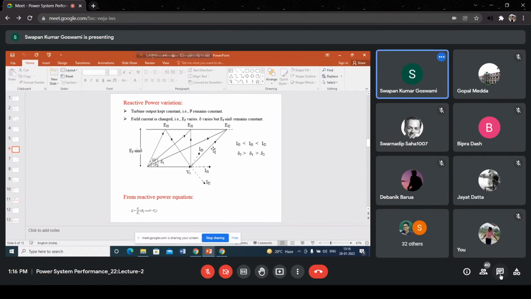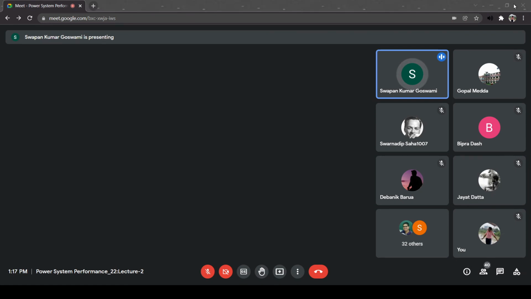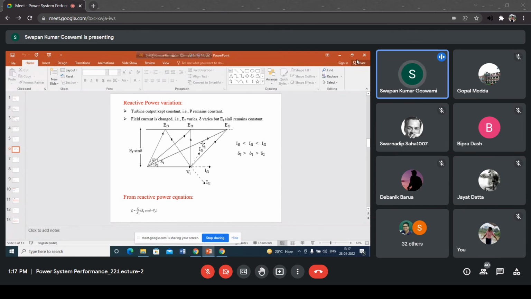Alright, note that we are talking about constant active power generation with varying reactive power generation. For constant active power generation, if the induced EMF has a larger magnitude, delta has a smaller value.